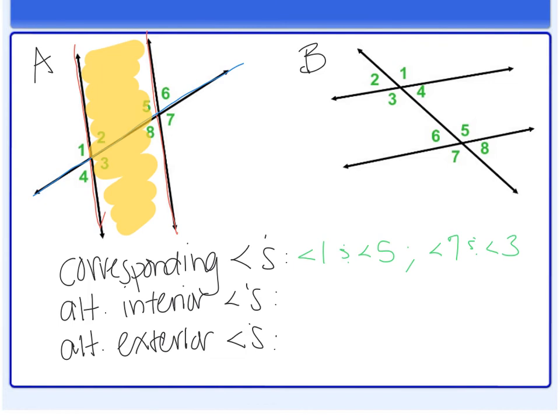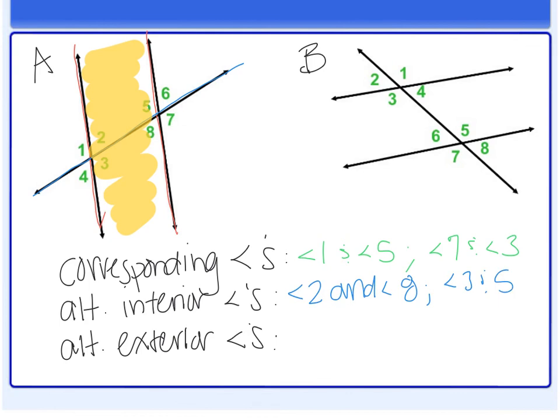Well, 2 and 8 are alternate interior angles because angle 2 is directly across from angle 8, and they're both inside the parallel lines, and they're on opposite sides of the transversal. So 2 and 8 are alternate interior. Angle 3 and angle 5 are also alternate interior.